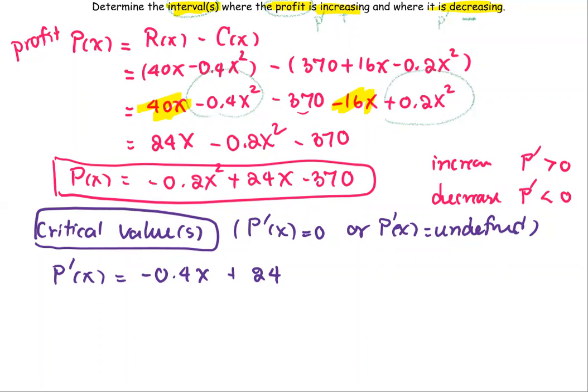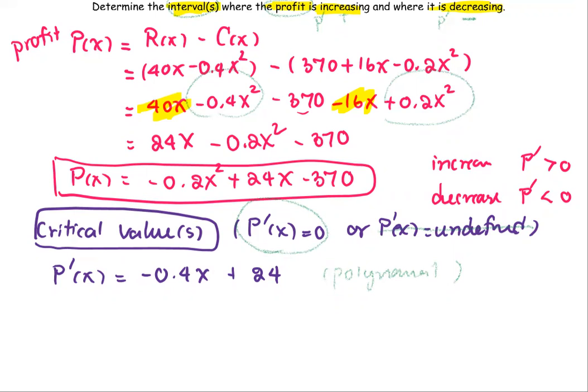I'm going to put a note: this is a polynomial function, and a polynomial function is defined everywhere. So we're going to ignore the case that P prime is undefined, and just work on solving for the critical value where P prime is 0.